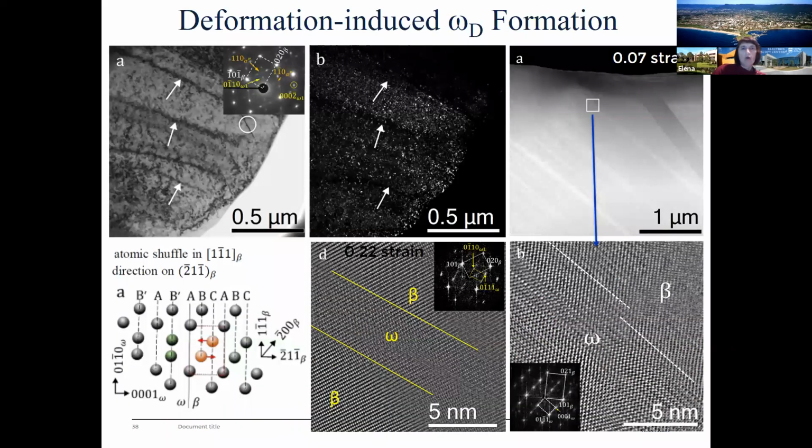Okay, in addition to martensite formation, we have also deformation-induced omega formation. What is the difference between athermal omega and deformation-induced omega? So here in dark field, we could see small bright spots, which are very tiny nanoscale athermal omega present in the beta matrix.